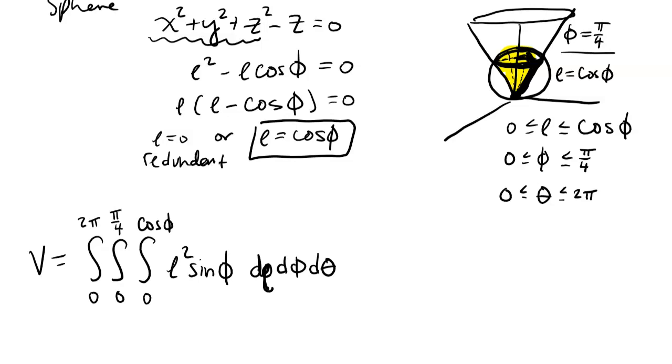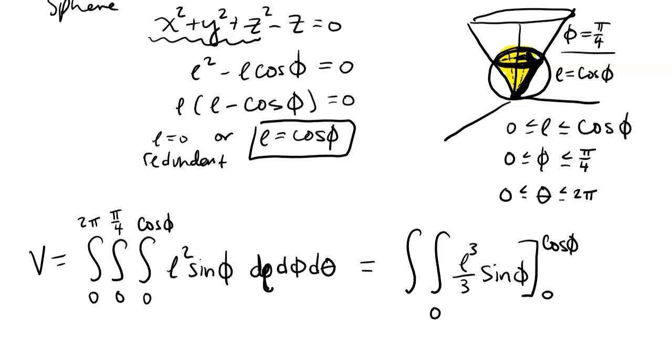And now we're ready to integrate. Notice we're doing a rho integral first. So we're going to end up with rho cubed over 3, all still just times sine phi, because we treat sine phi as constant. That's going to get evaluated from 0 to cosine phi. And then this is still in an integral from 0 to pi over 4, and from 0 to 2 pi, d phi d theta.